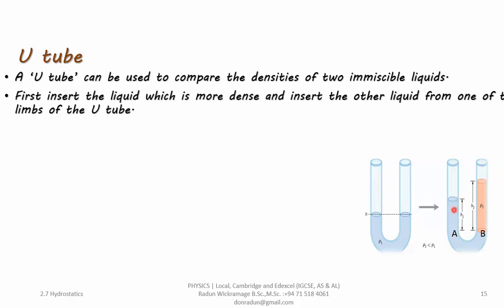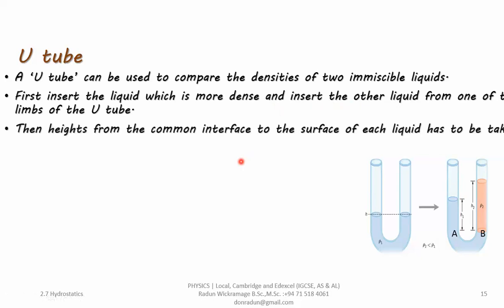The blue liquid is more dense, so it will go down, disturbing the interface, and the red liquid may come out from both limbs A and B. Then it is difficult to take measurements from that kind of setup. That's why we pour the more dense liquid first and then the less dense liquid.